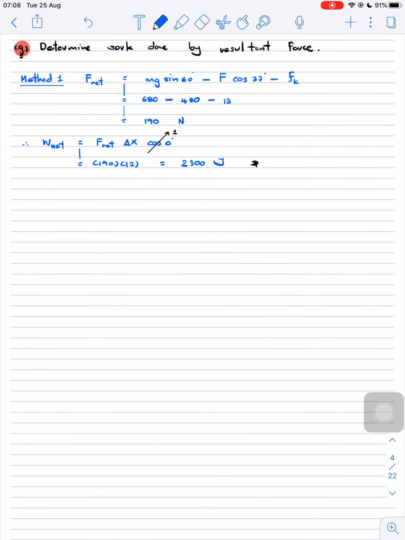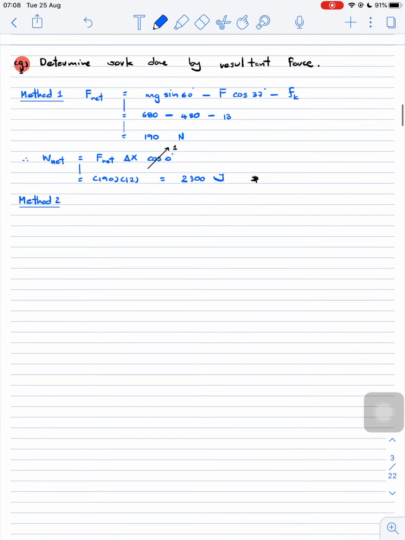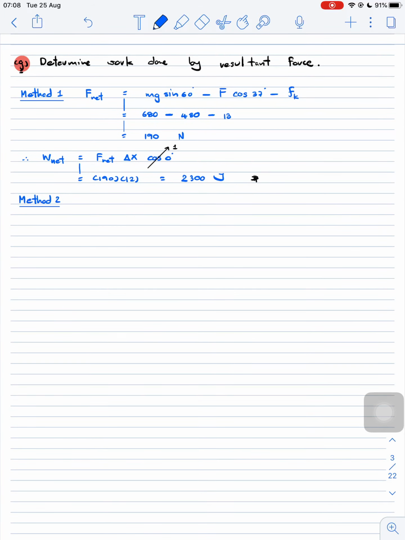So now let's find it for method 2. Okay, so let's compute the work done by the resultant force for method 2. As I mentioned before, right, the work done by this resultant force must be equal to the work done by all the forces together.